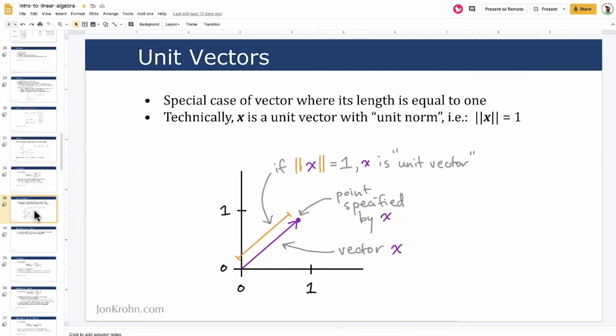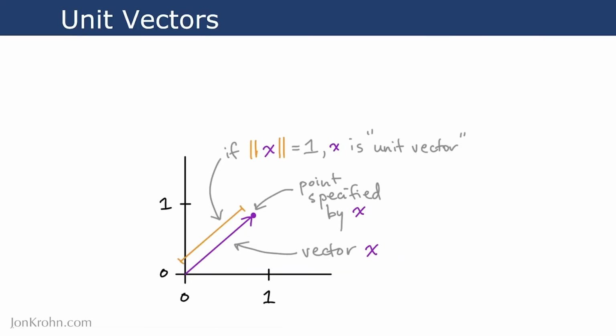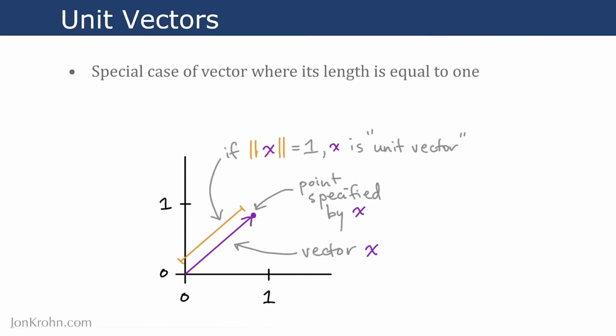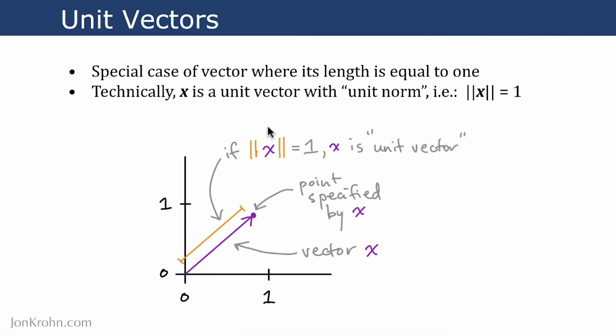Having learned about L2 norms, we can now talk about something called unit vectors. So this is a special case of vector where the vector's length, its L2 norm, is equal to 1. So let's take a look at this diagram here to bring this idea to life.